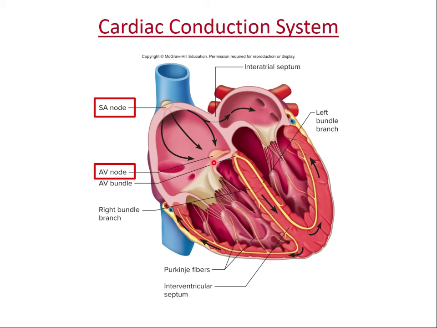Once all the signal comes there, now a signal will be generated that will go through the septum that divides the two ventricles. It's called the Purkinje fibers also through the interventricular septum, and that will go across the ventricles, making both ventricles contract together.